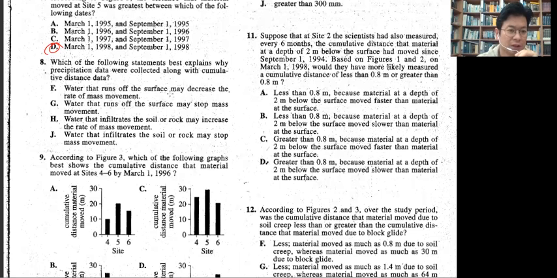Which of the following statements best explains why precipitation data were collected along with the cumulative distance data?